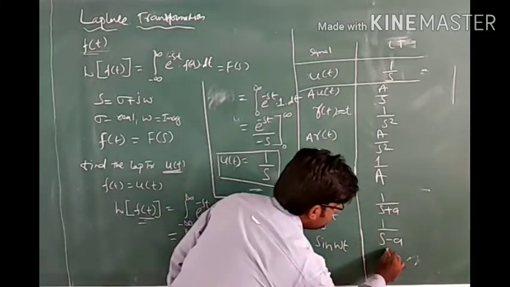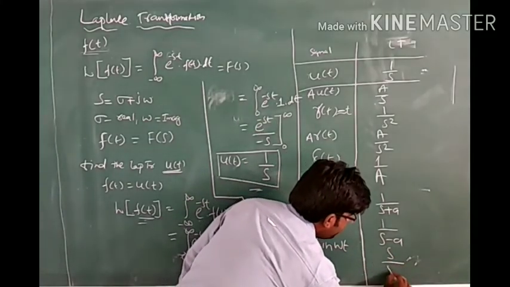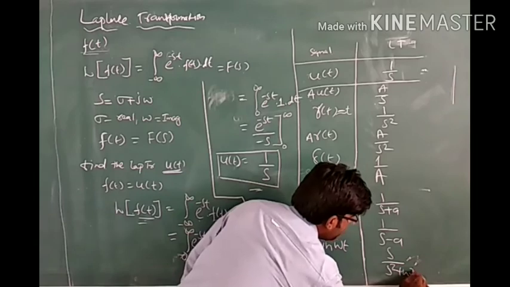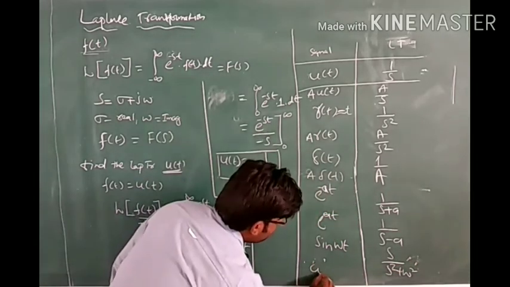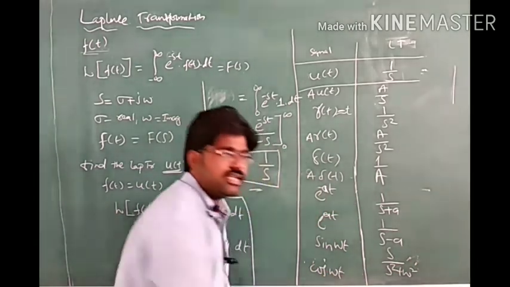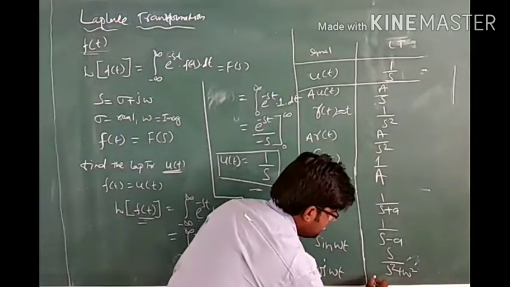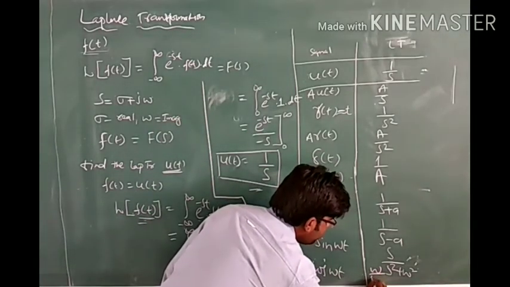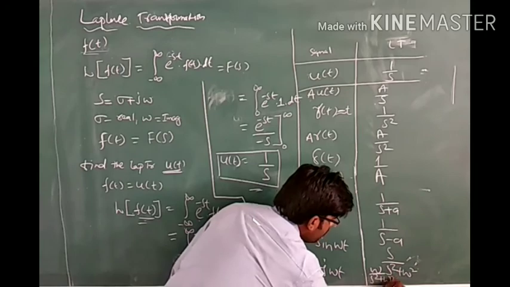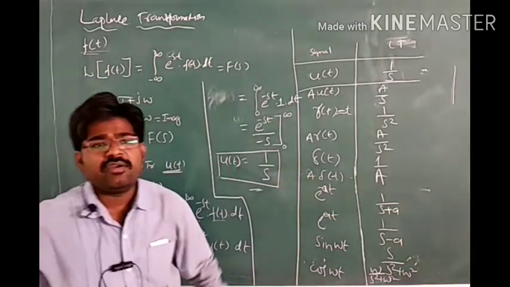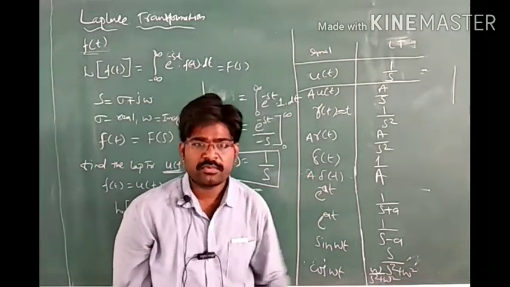Sin omega t is nothing but omega divided by s square plus omega square, and similarly cos omega t's Laplace transformation will be s divided by s square plus omega square. So these are the standard formulas you need to remember. Understood?